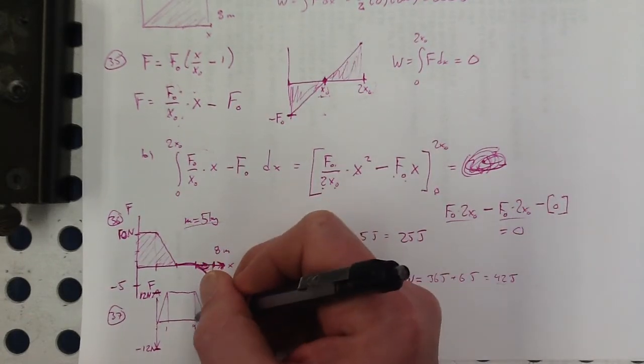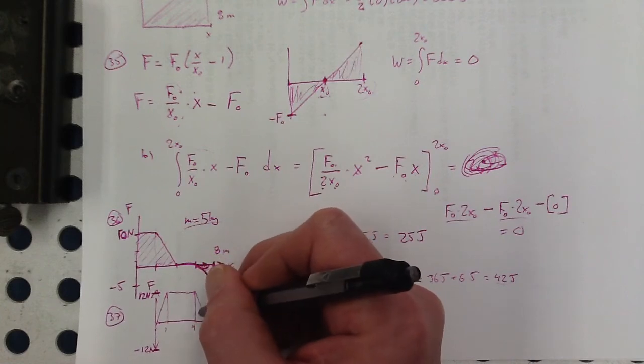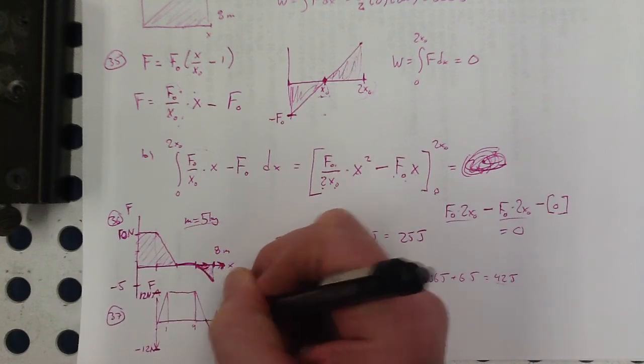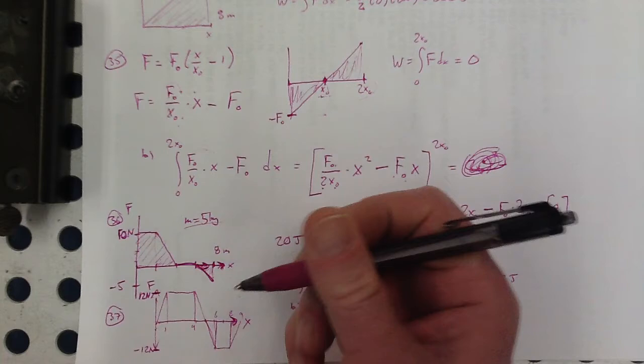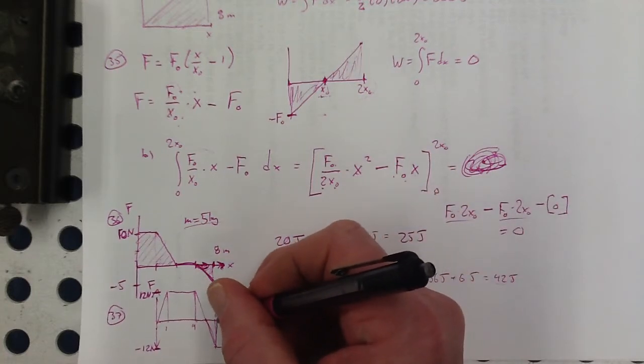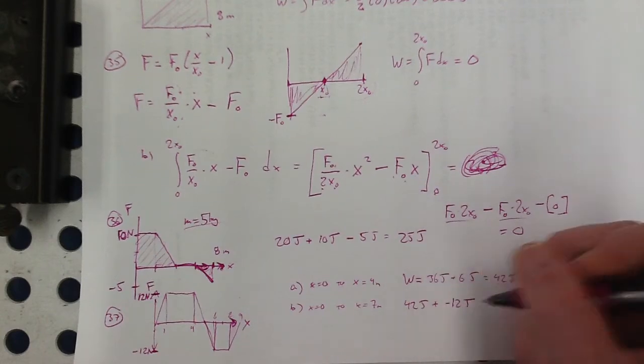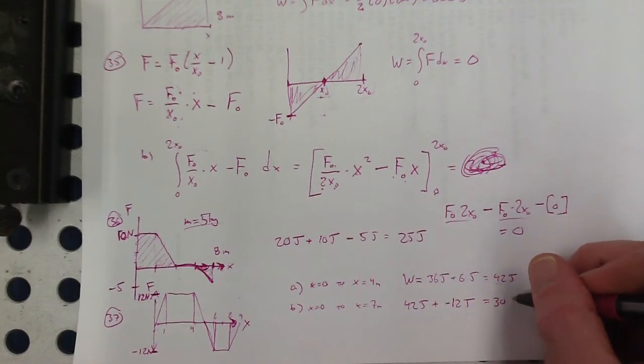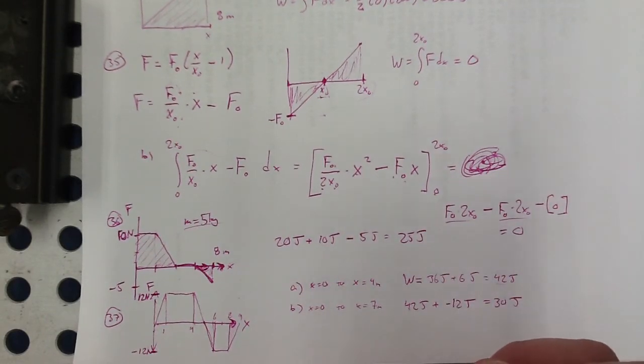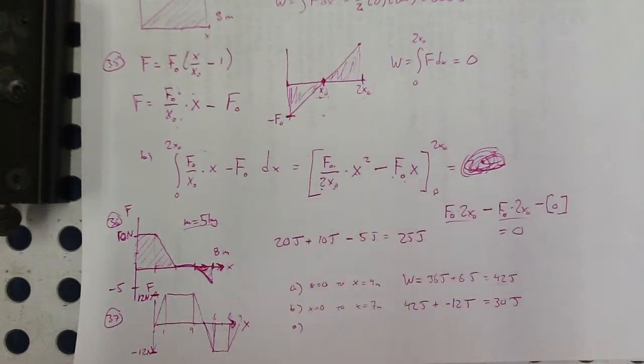I don't have to redo that. And then from 4 to 6 is 0, and then from 6 to 7, I've got a negative area, that's a 1 by 12. So 42 minus 12, it's going to be 30 joules there. And part C, we want to go to 9 meters, the whole way.